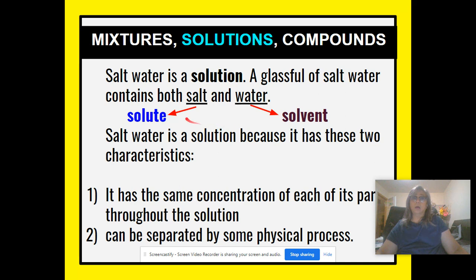Now, we are putting two new words here, solute and solvent. Solute is what is being dissolved, and where it's being dissolved, we call the solvent. And commonly, water is our universal solvent, meaning most substances can be dissolved in water.